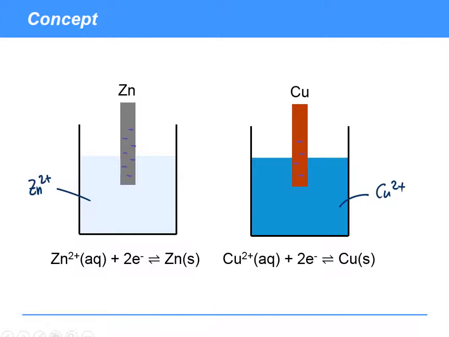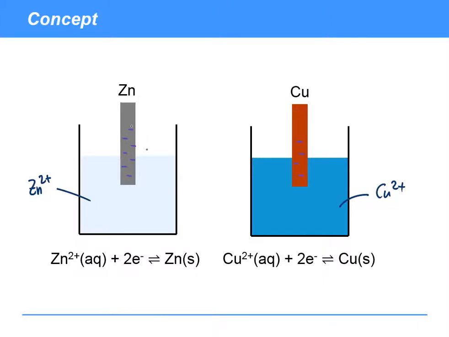Now if you need to watch a video just covering the basics of electricity, then please click the link now. But essentially what we've got here is a difference in electrical potential between these two zones, the zinc strip and the copper strip.